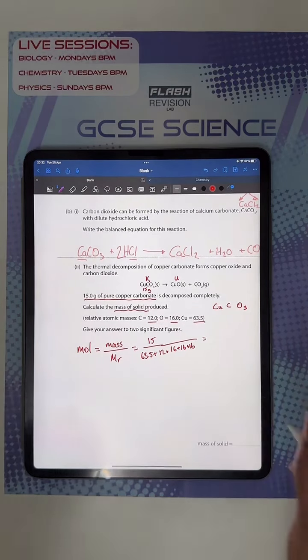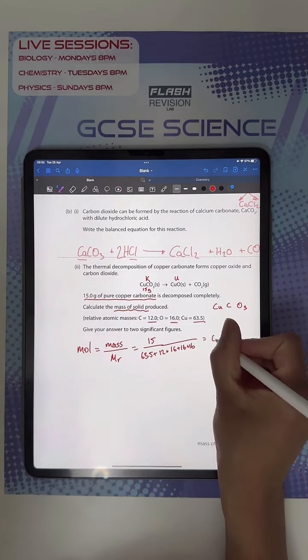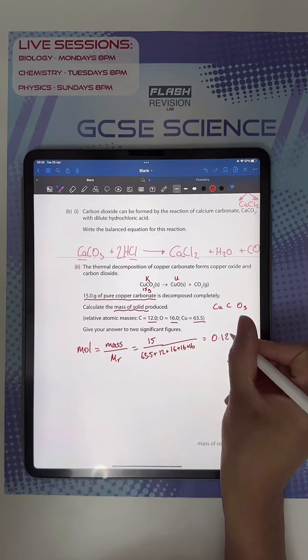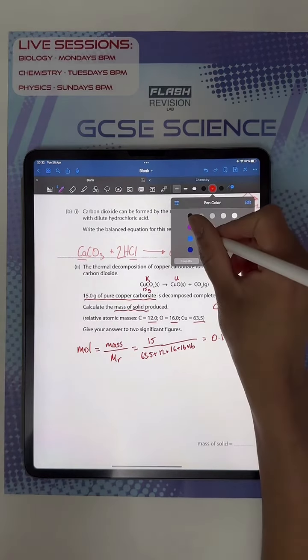So 15 divided by 123.5, what does that give, guys? 0.121. Thank you very much. This is what you get, 0.121. Okay, that's our second step done.